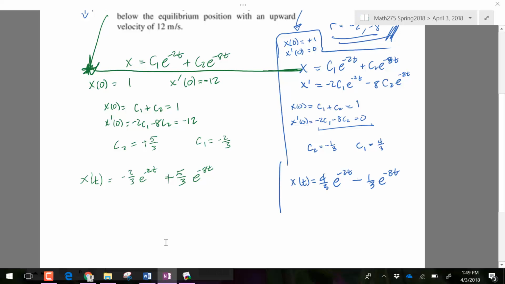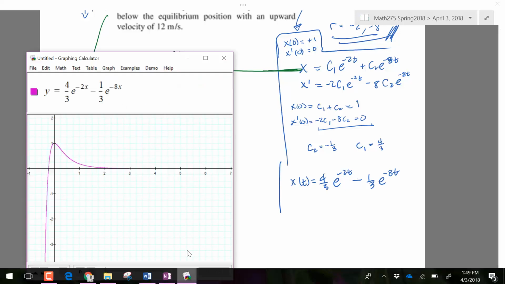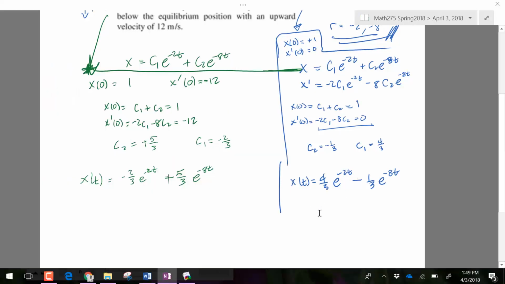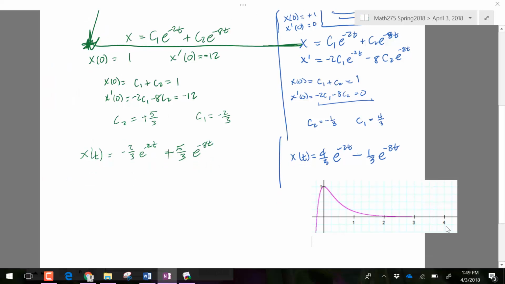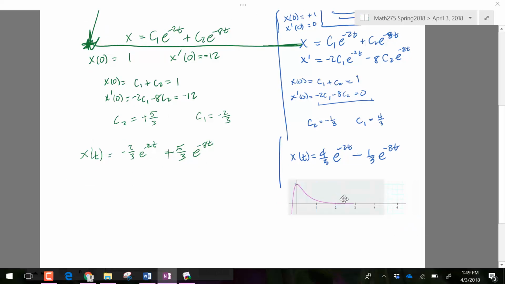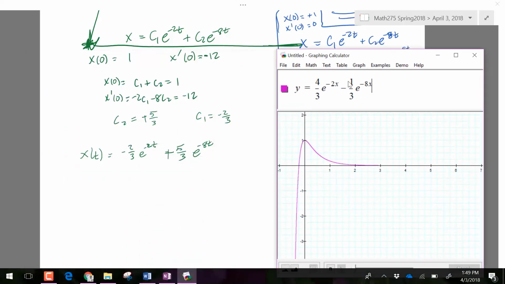Okay, let's check how this graph would look. Oh, we should take a quick picture of this graph. So with this one, we have minus 2, this is a plus 5 over 3.